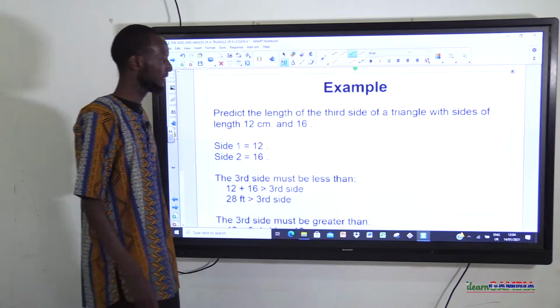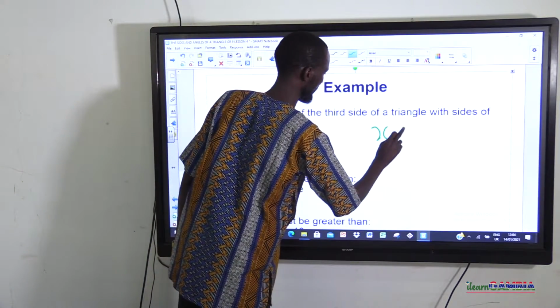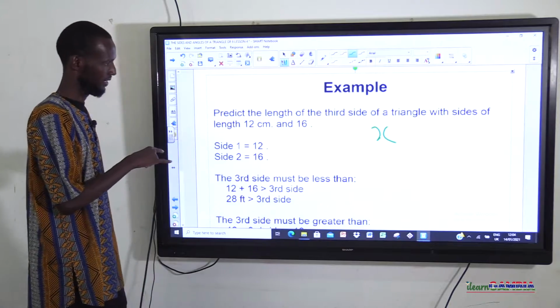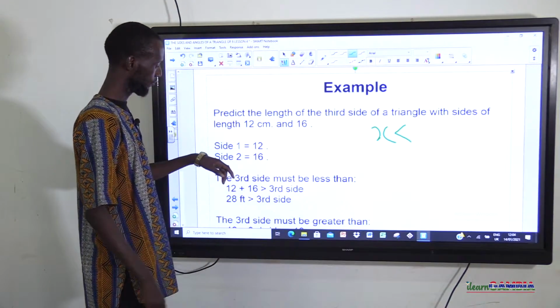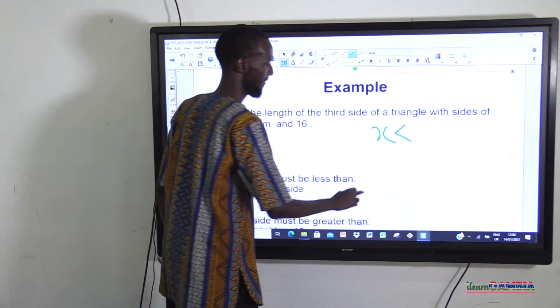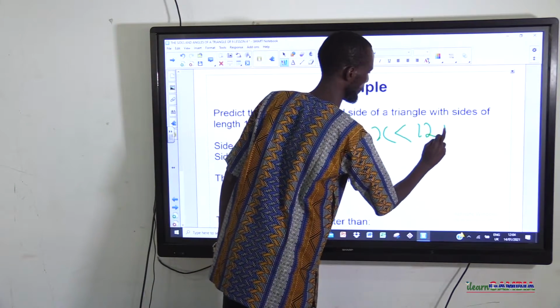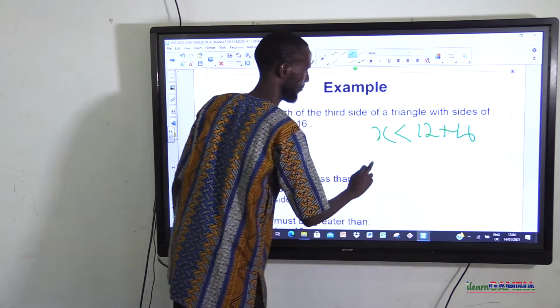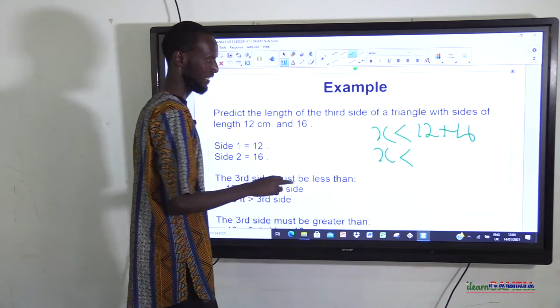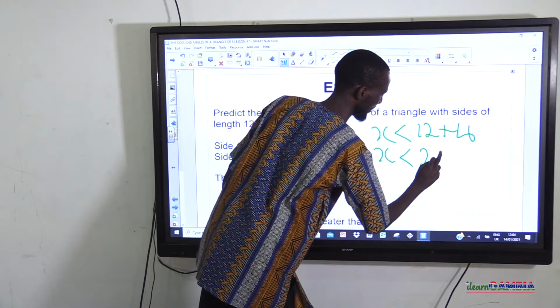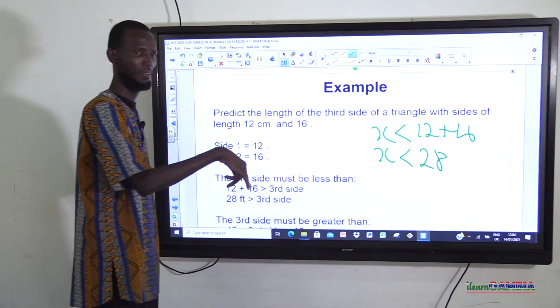So assuming that the third side is x, it has to be less than the sum of 12 and 16. If you add 12 and 16, that should give you 28. So the third side has to be less than 28.